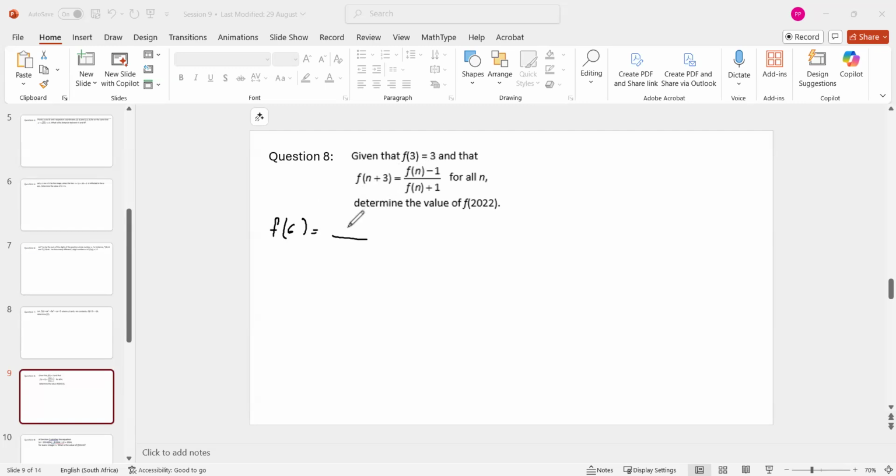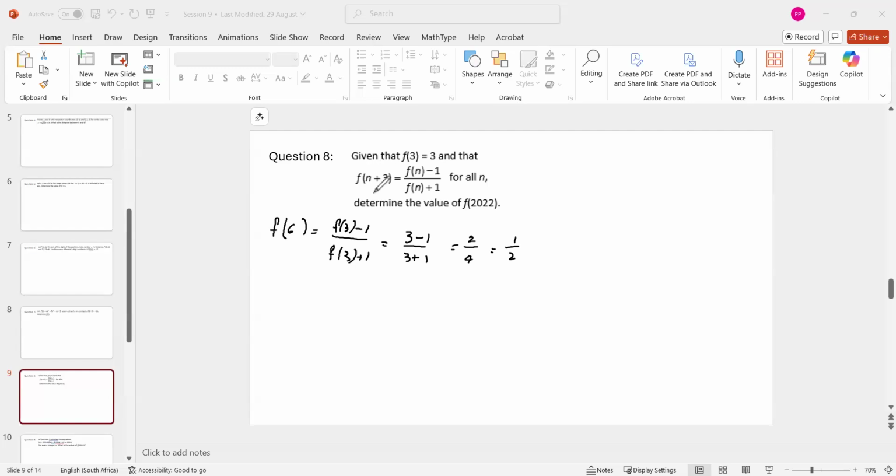This is f of 3 minus 1 over f of 3 plus 1, because that's what the formula says. But f of 3 is 3, so it's 3 minus 1 over 3 plus 1. And 3 minus 1 is 2, and 3 plus 1 is 4. So f of 6 is half, okay, which is very nice.